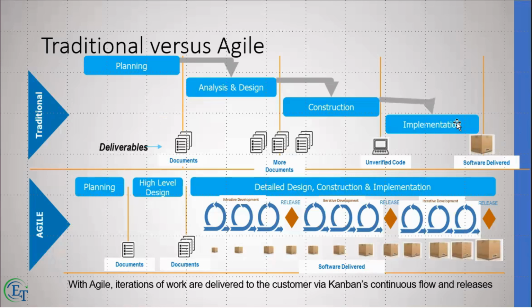And only in the last phase, when we implement this into production, into a higher environment like the UAT, user acceptance testing or production environment, is when the software that has been developed is actually seen by the business or by the end users.